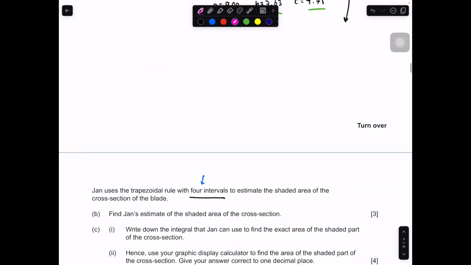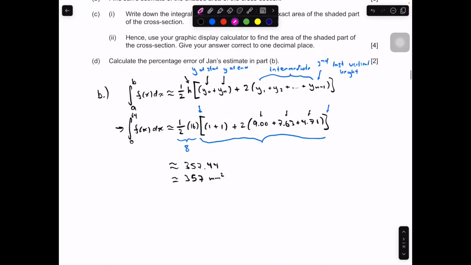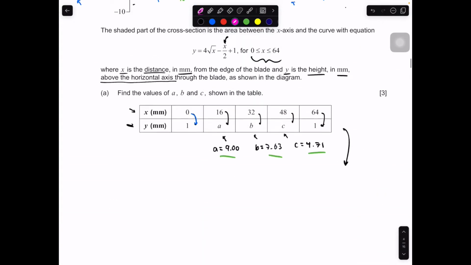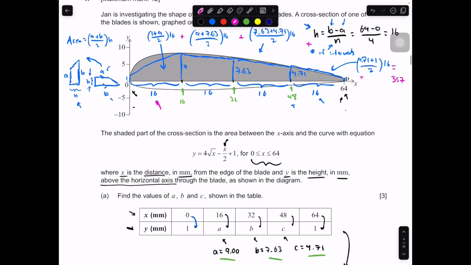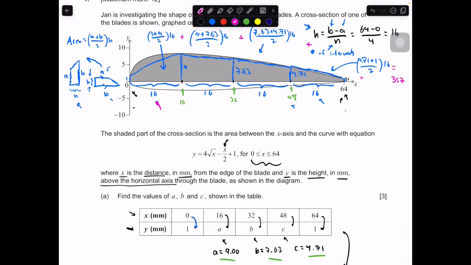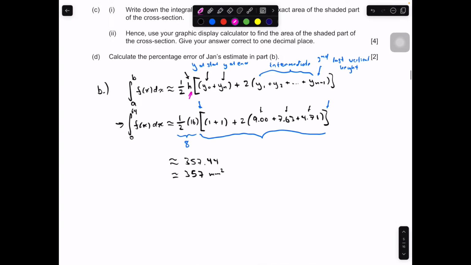The formula is that condensed, where this is the size of the intervals. So our size of the intervals right here, traveling a distance of 64, breaking it up into 4 pieces. This is the height at the beginning. This is the height at the end.